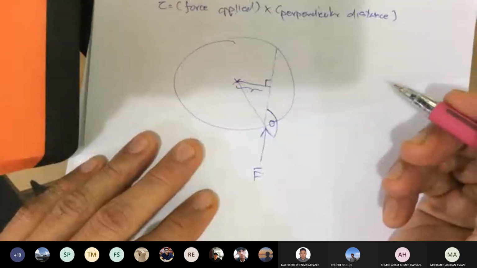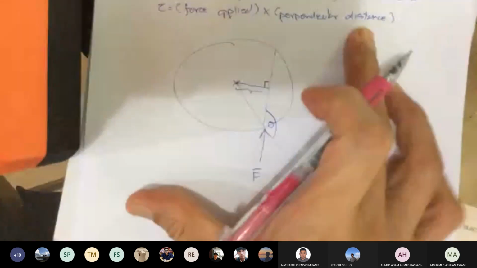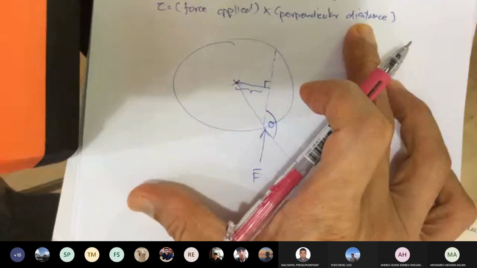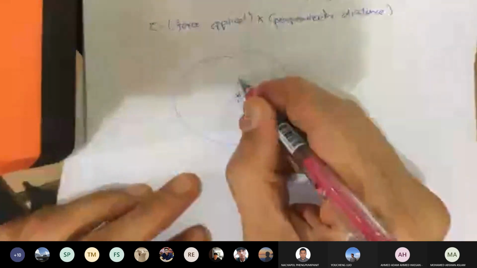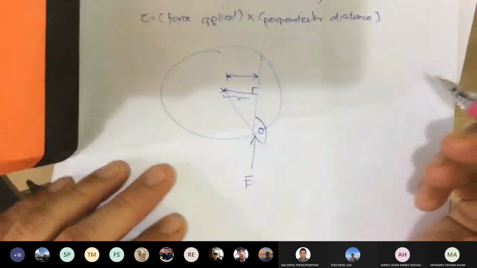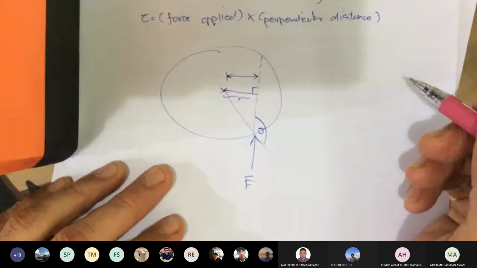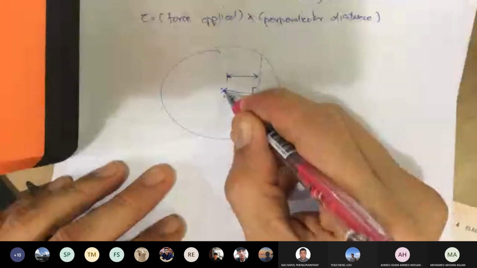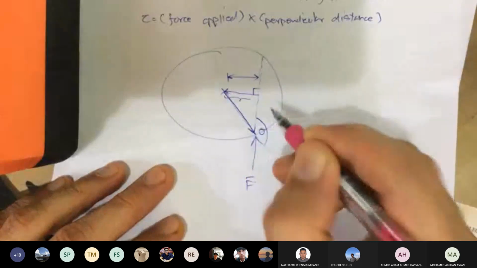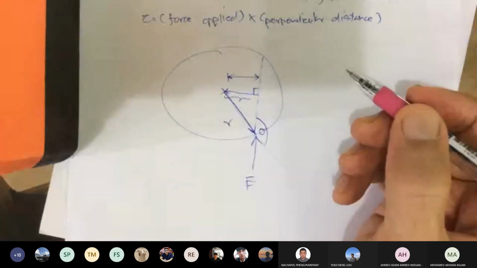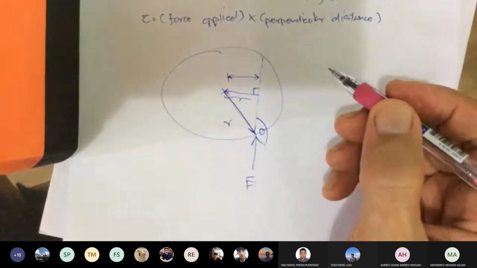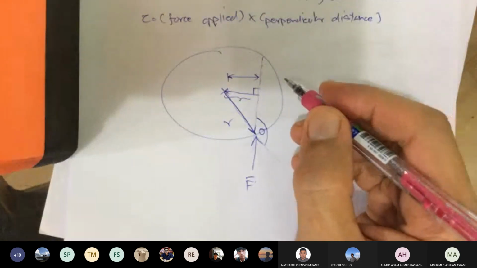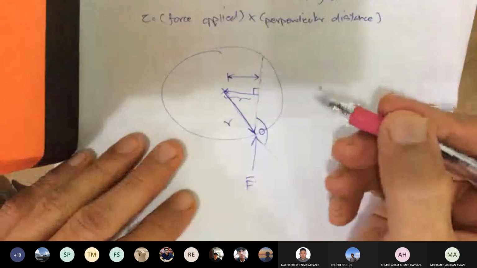What is the distance here? If we know this is R, how would I do this?